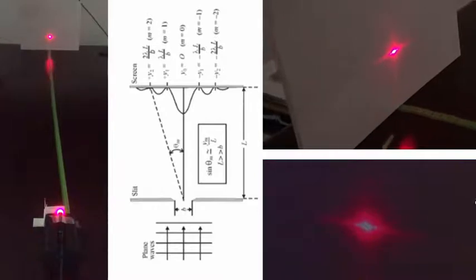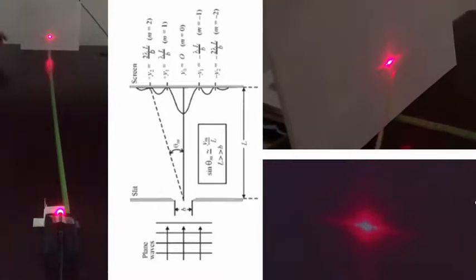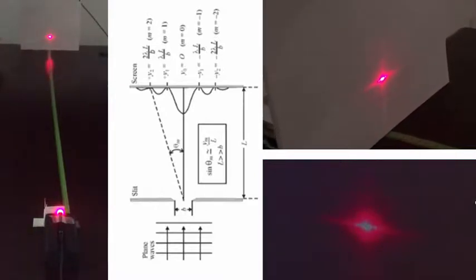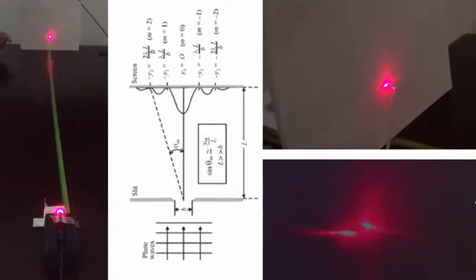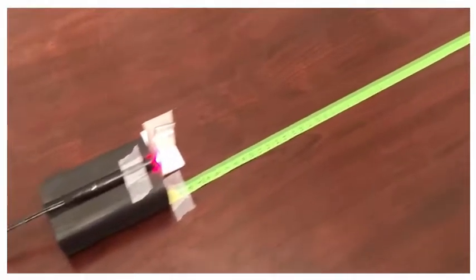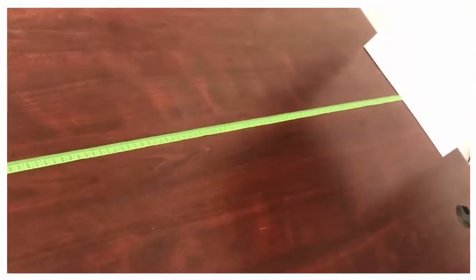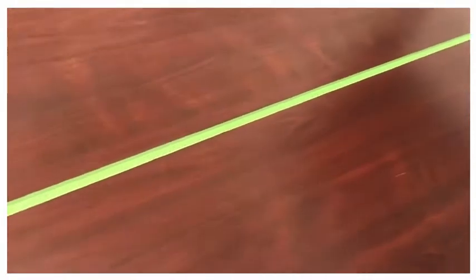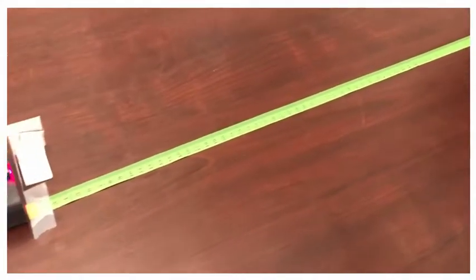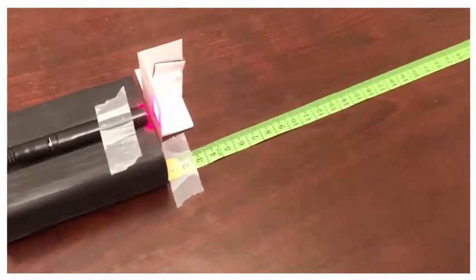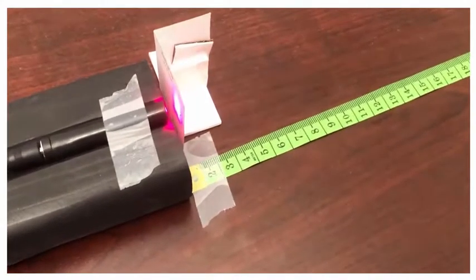So the task in this lab is to observe this distinct diffraction pattern created through the vertical slit, and then also to mark all these maxima and minima on the back screen and then conduct specific types of measurements. In addition to making the sketch on the back screen of our diffraction pattern, we also want to record the distance from the index card with the vertical slit all the way to the back screen.